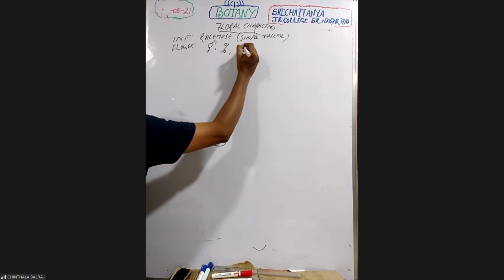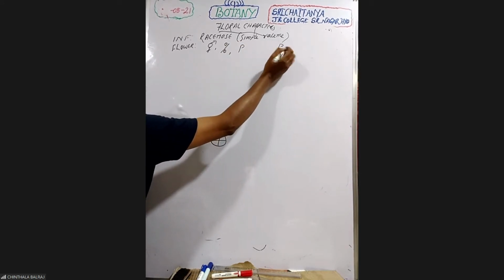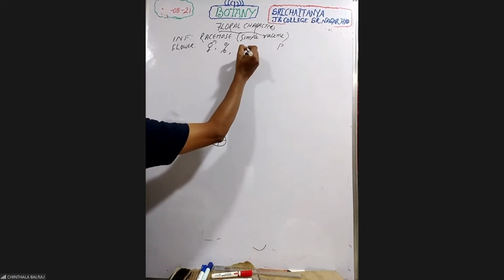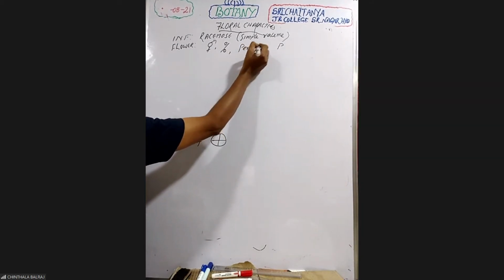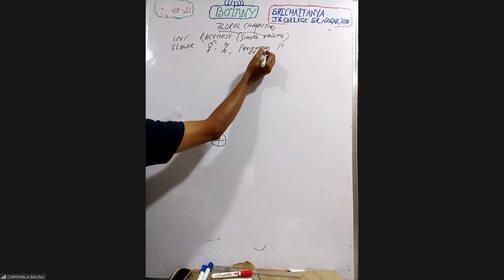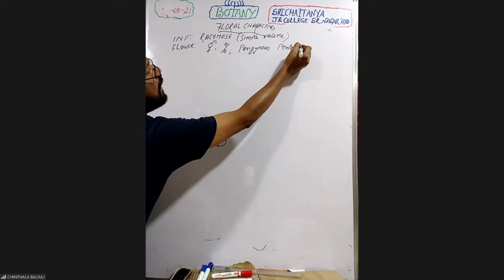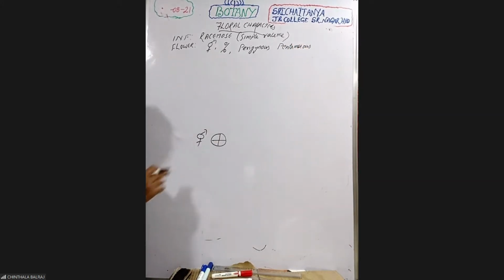And also I will use PP. P for perigynous, P for pentamerous. Remaining families are hypogynous.